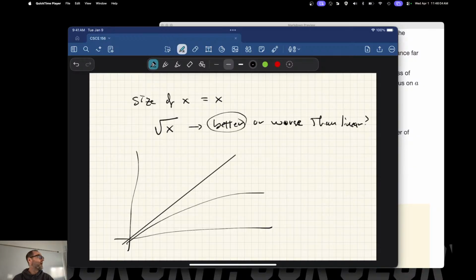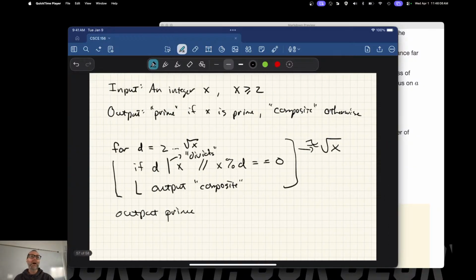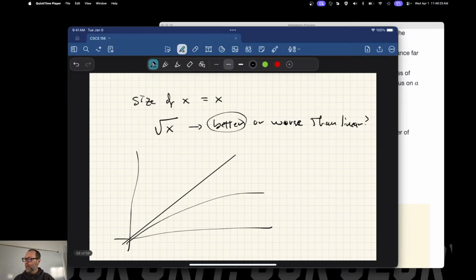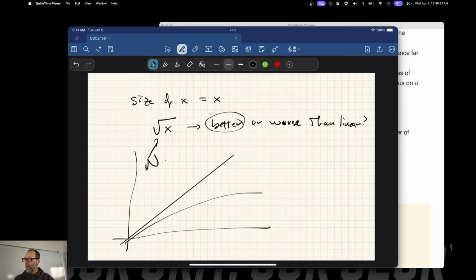This is called primality testing. Only 25 years ago did we come up with a polynomial time deterministic algorithm for this. It's called the AKS algorithm. For 3,000 years, this was how it was done, by a brute force method, and it is definitely not linear.